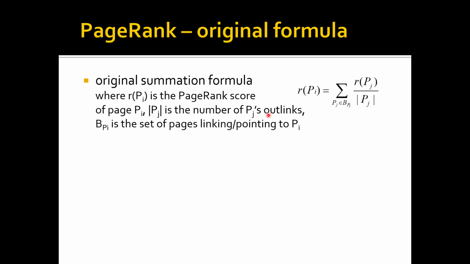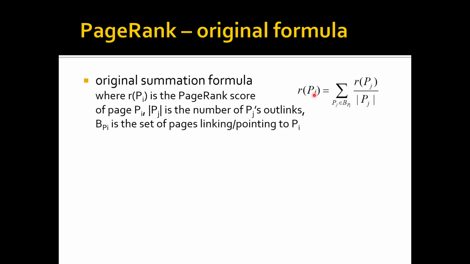So the original formula of PageRank is very simple. It's basically a formula for computing the PageRank, which is the function R here, for a page PI, and it's computed as a sum of PageRanks of pages PJ, which are pages that basically link to the page PI.